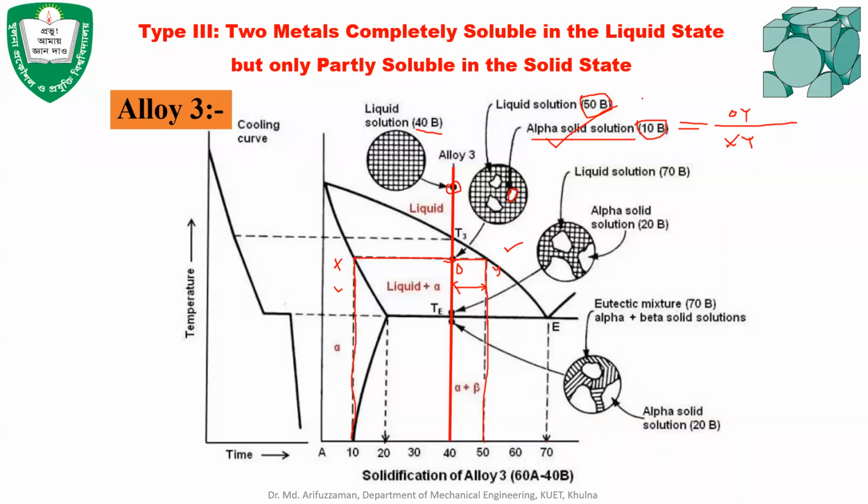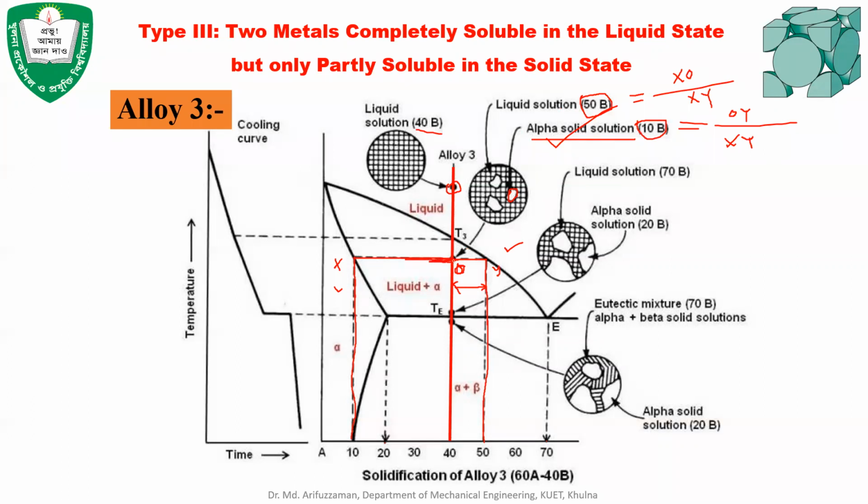To find the liquid percentage, XY is the total length of the tie line, and XO will give us the percentage of liquid present at this temperature.